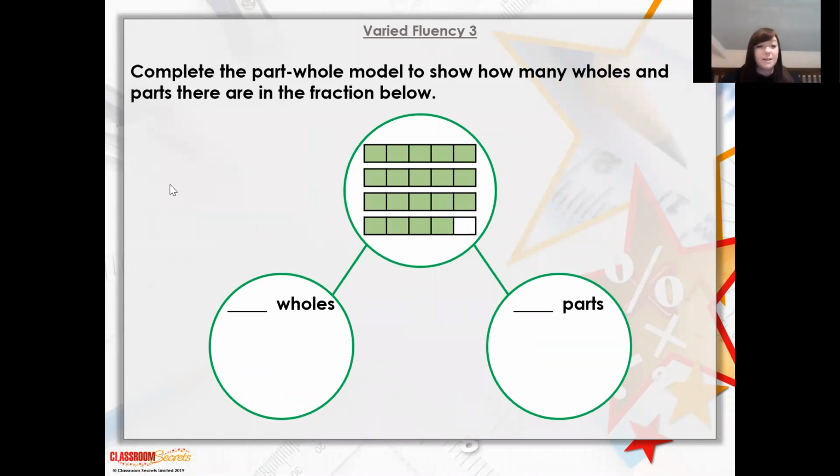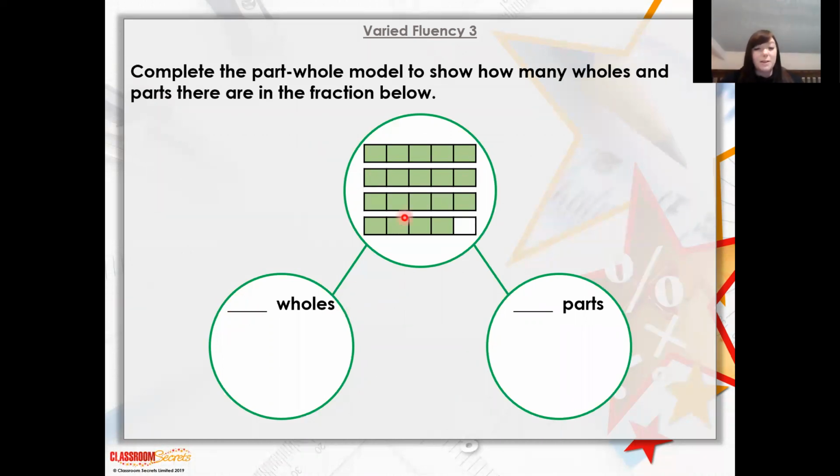Okay, so this is another way of showing it, and this is a part whole model to show how many wholes we have and how many parts we have. So I'm going to look here at the wholes that I've got, and I've got 1, 2, 3 wholes. So I know that down here, I'm going to be putting in 3 wholes.